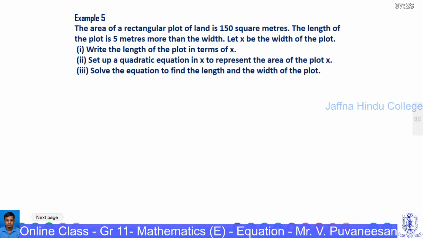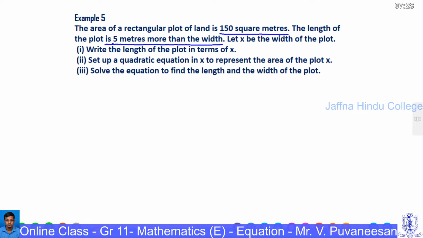The area of the rectangular plot of land is 150 square meters. The length of the plot is 5 meters more than the width. They say take the width of the plot as x.